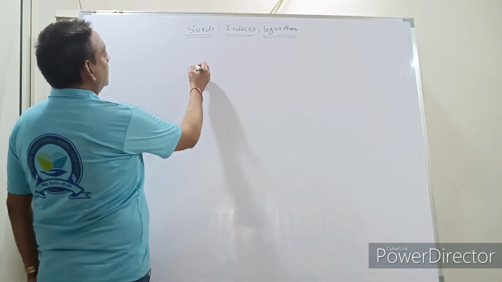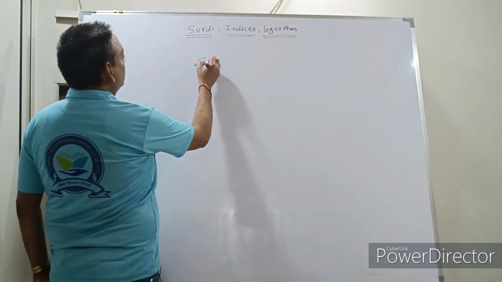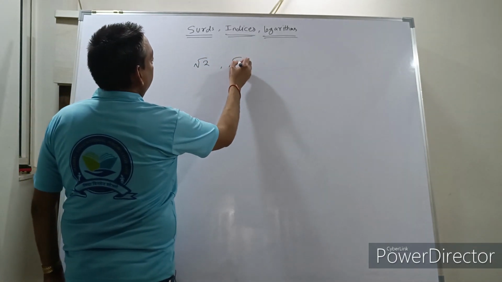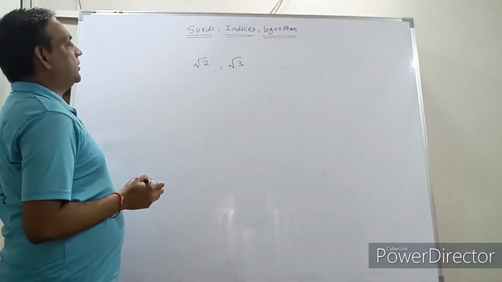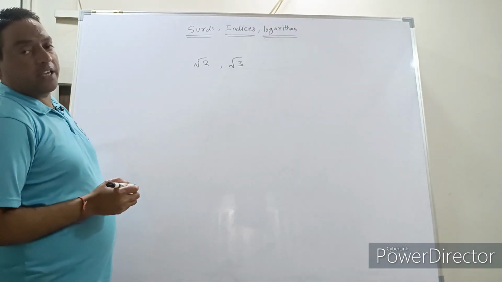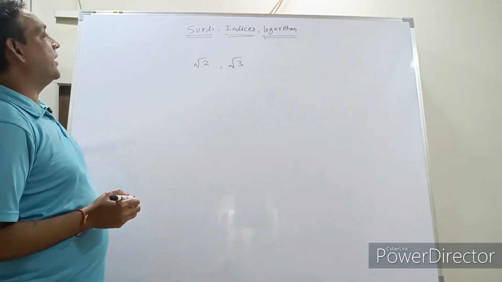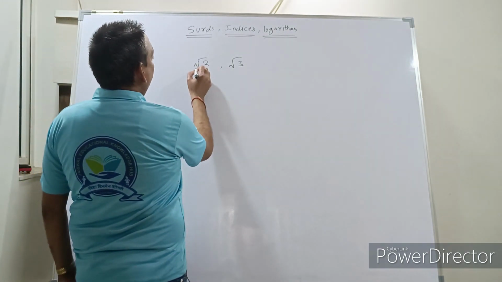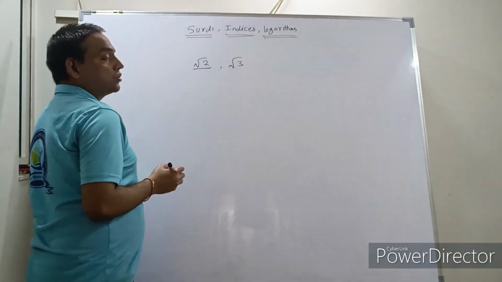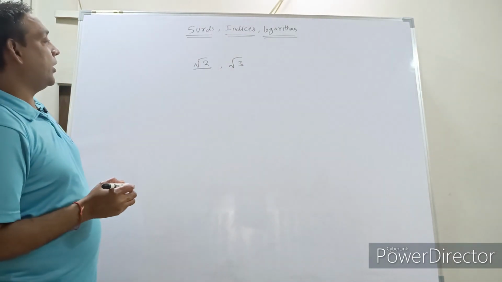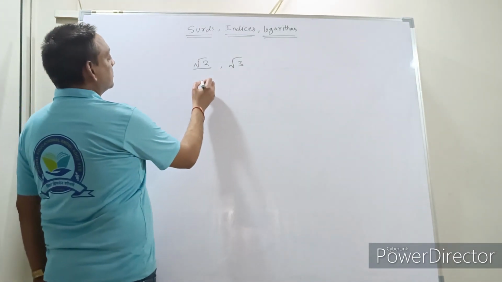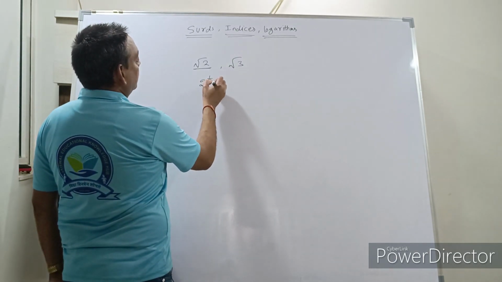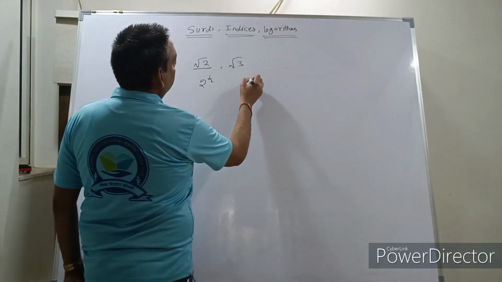We have root 2 and root 3. Just as we have fractions, we have surd terms also. The meaning of root 2 is the square root of 2, which is nothing but 2 raised to half. Same way this is 3 raised to half.